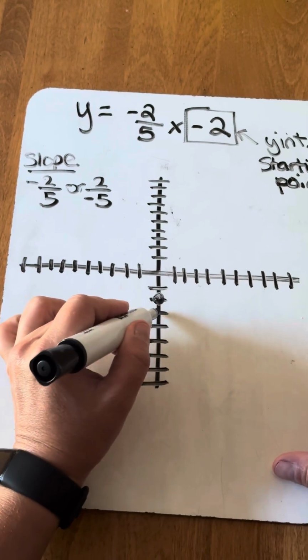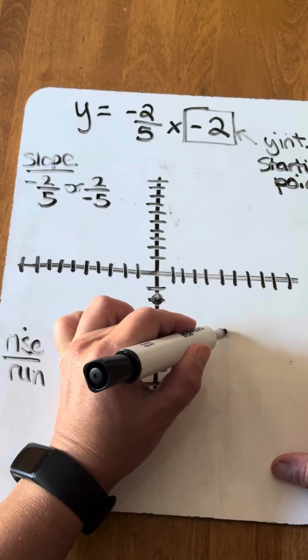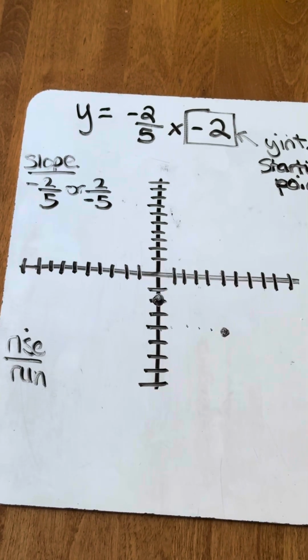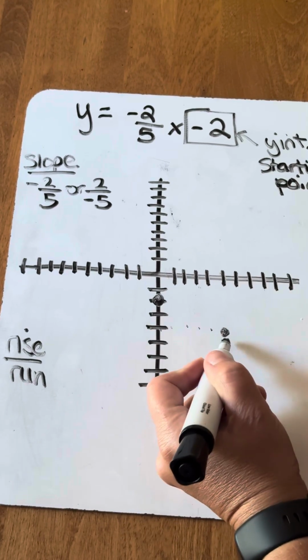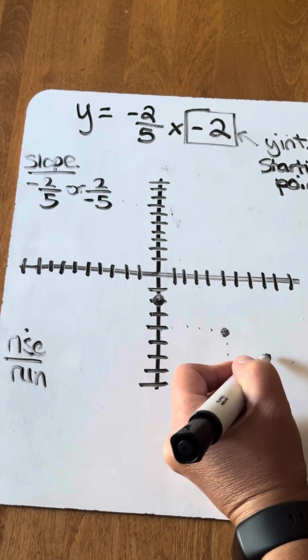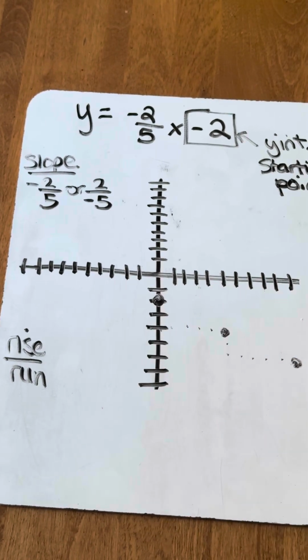So I've gone down 2, and I'm going to go 1, 2, 3, 4, 5, and then I put a dot right here. Now, I don't have to keep going. I have 2 points. That's enough to get me my straight line. But I'm going to show you again. You go down another 2, and then you go over 5, 1, 2, 3, 4, 5, and you can put another dot right here. It's basically you're making a little staircase.